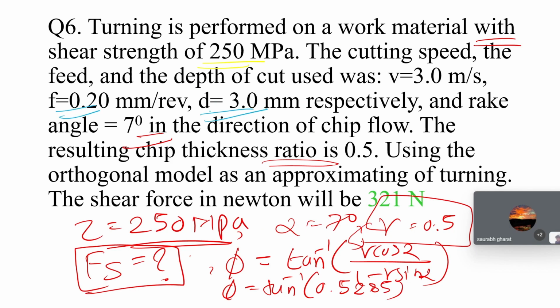Feed is given and d is given to you. Depth of cut d is equal to 0.3, so that gives the width, which will be 3. You have f and you have d here, that is simply your width.